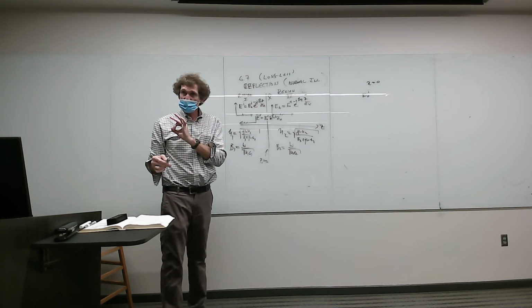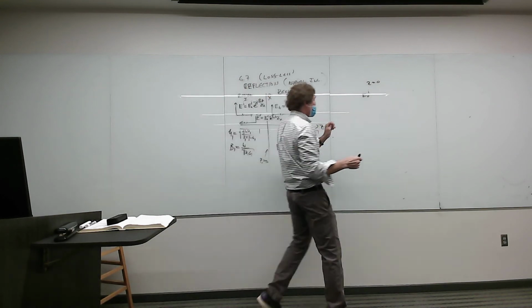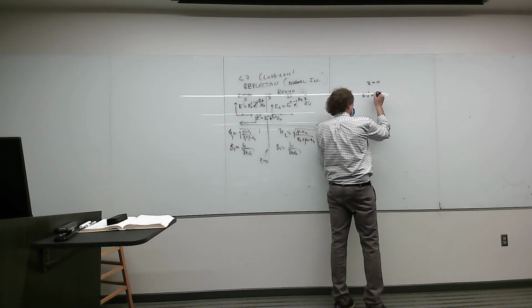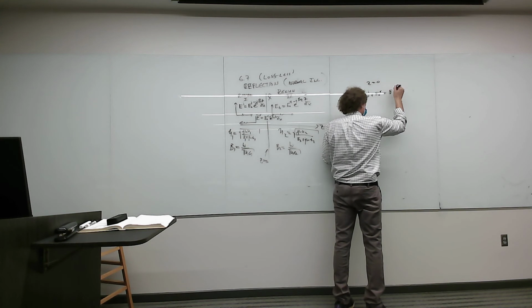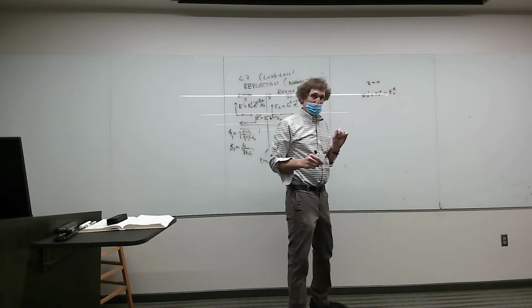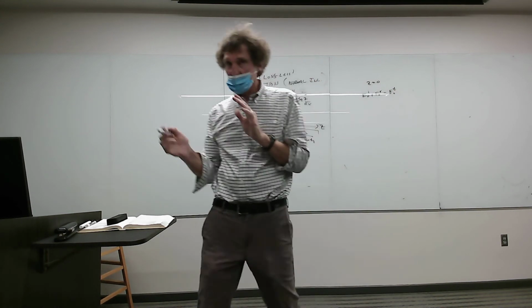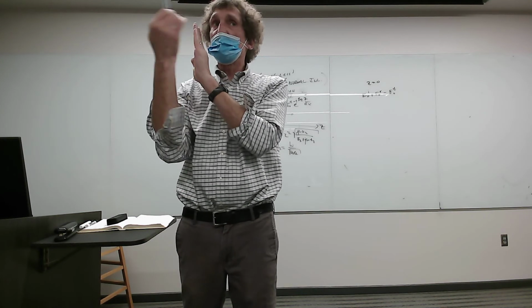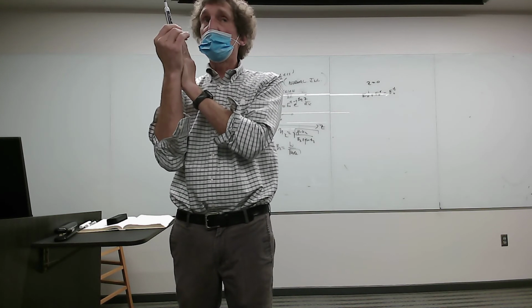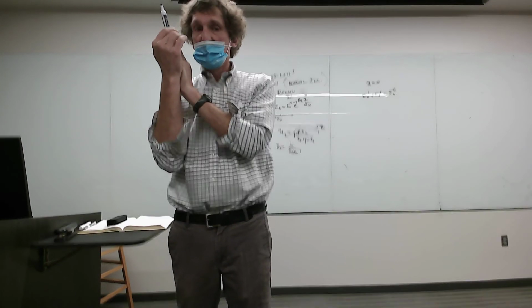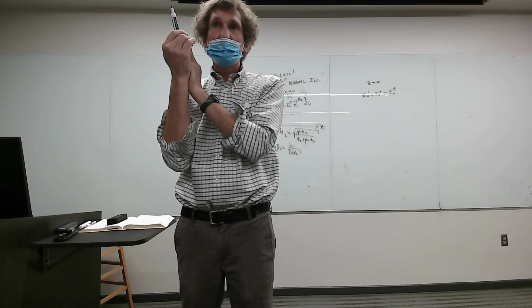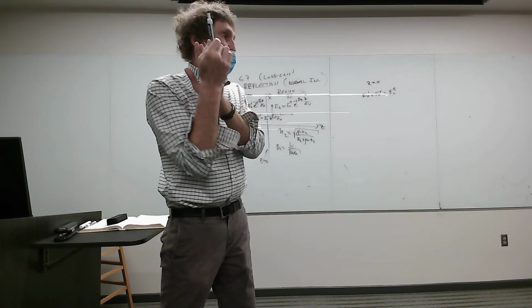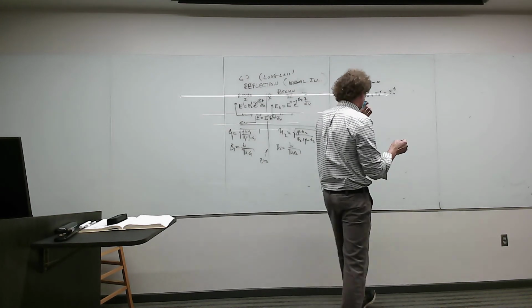Does everybody see that? So you would have E naught incident plus E naught reflected equal to E naught transmitted. That's the first one. It's at z equals 0. In region 1, you have an incident and a reflected field, so you evaluate both of those at z equals 0. In region 2, you have only a transmitted field. Correct, class? And you equate that to the transmitted field.